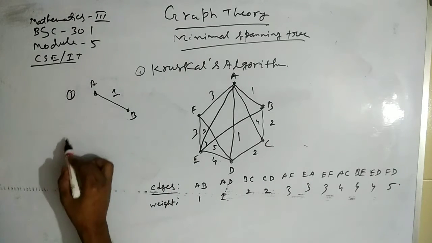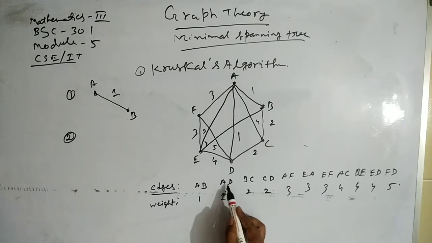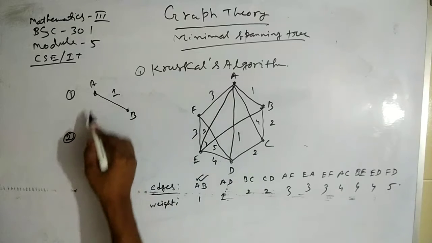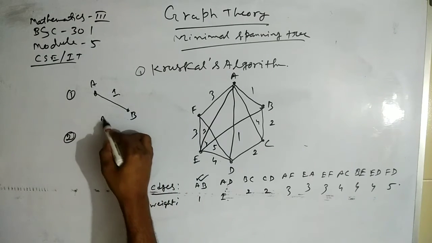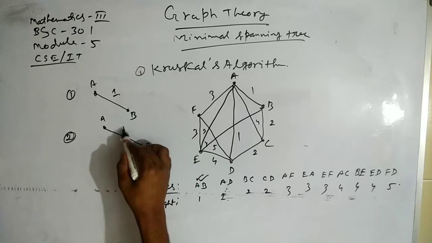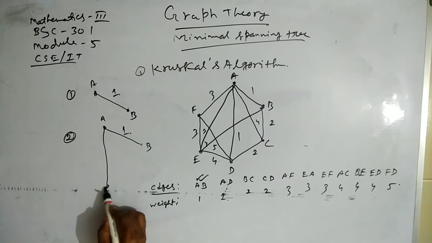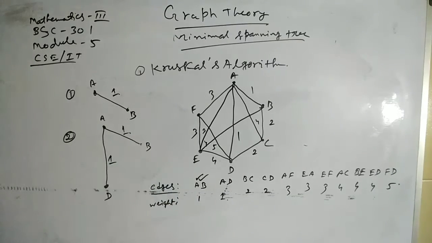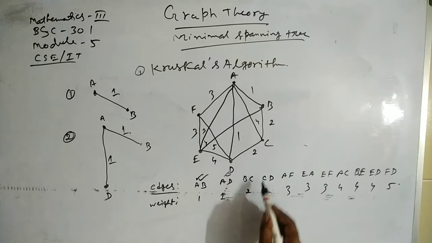Okay. Now step 2, AD. AB has been drawn. So mark AD. Now AD is like this. So this is AB, the previous edge, and now the new edge is AD with weight 1. Okay. Next, take BC.